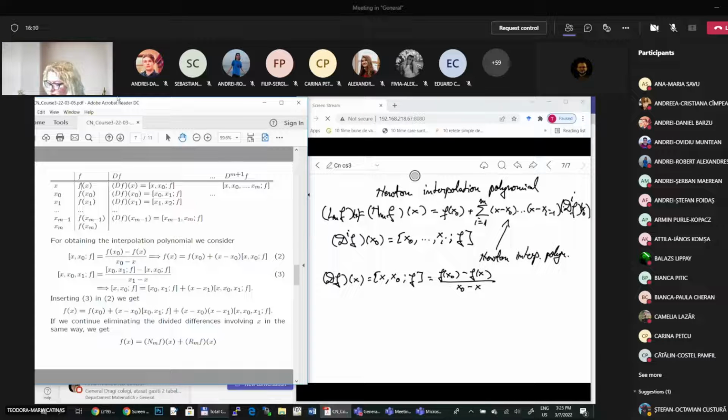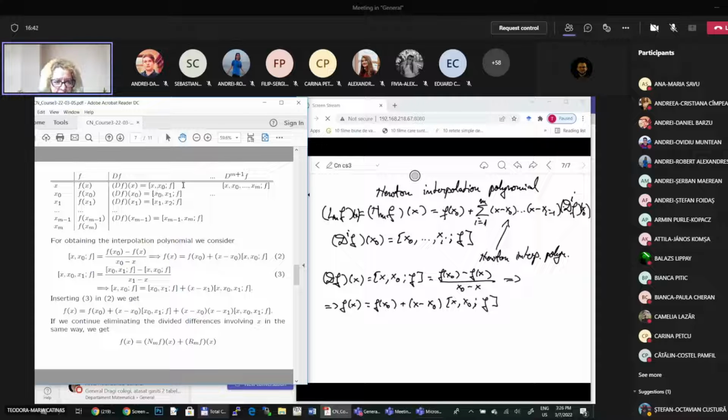And we write f of x from this: f of x will be f of x0 plus (x minus x0) times [x, x0; f]. We find f of x from this identity and we get this.